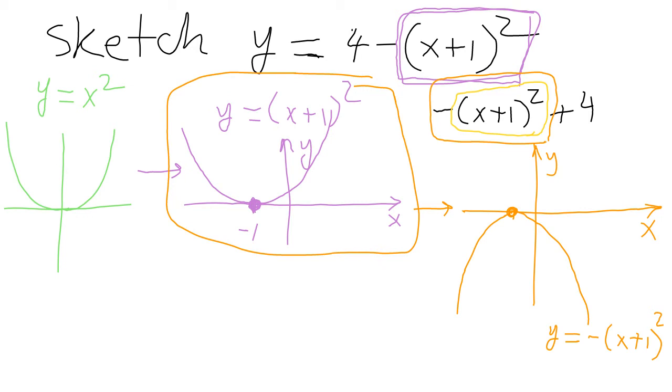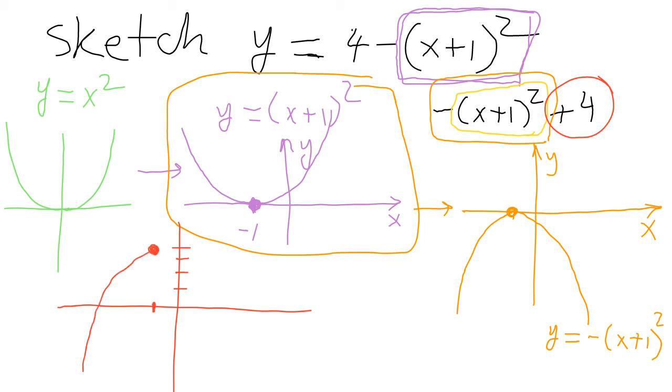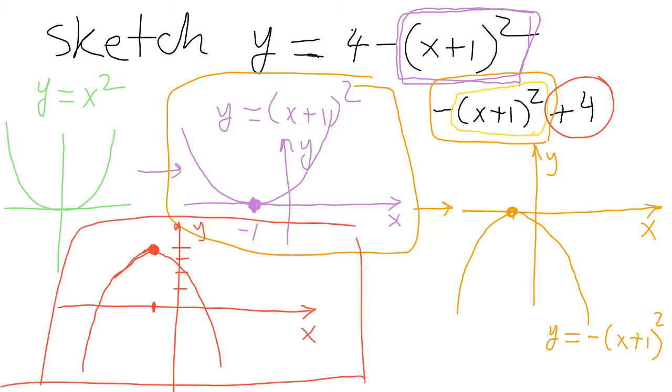Now just shift the graph 4 units up. So this is the sketch for y equals 4 minus x plus 1 squared.